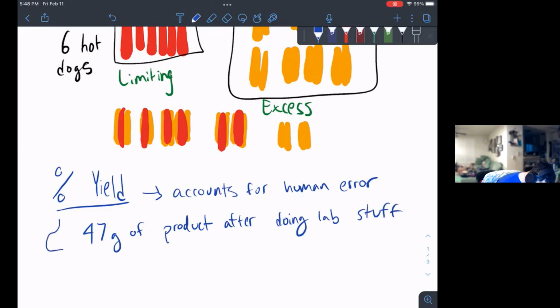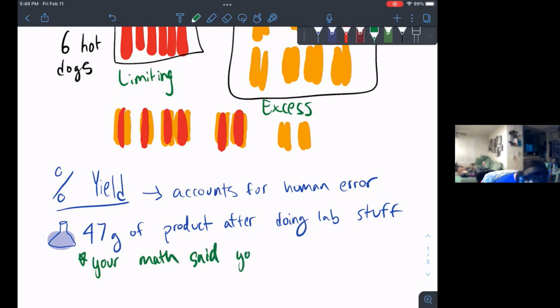You have your little flask with your liquid in it, and it's 47 grams of product. But the problem is your math said you should get 50 grams. So, oh no, you have 3 grams less.